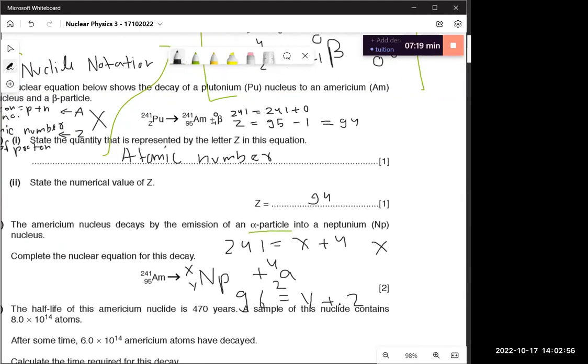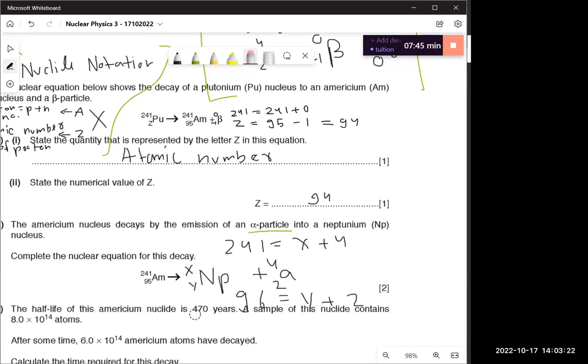Anas, Ayan, work with me on this. What was the first step we did? We wrote the equation because I know that neptunium is going to be there and an alpha particle has to be there. Now I know the atomic number and the nucleon number for the alpha particle, but I don't know what neptunium is. You will not be given a periodic table in this exam, by the way. So how do we solve it then?